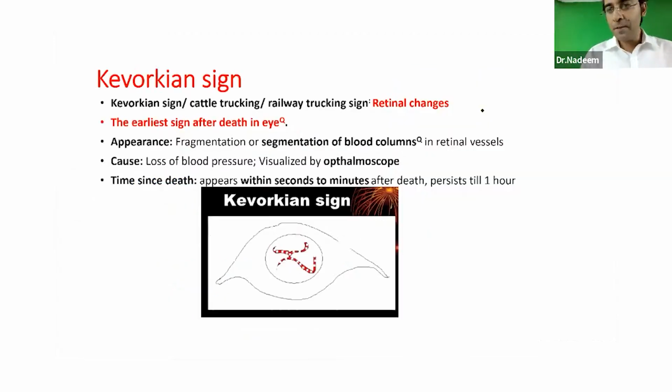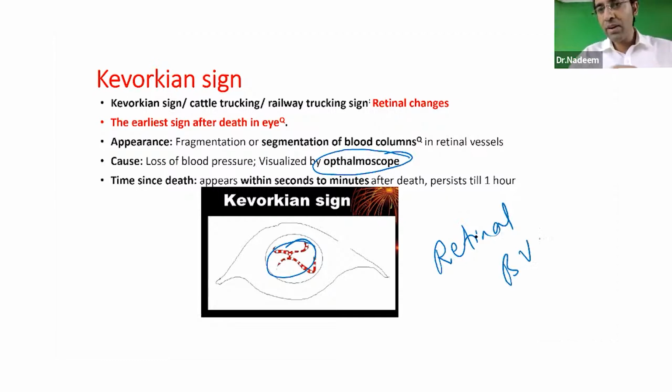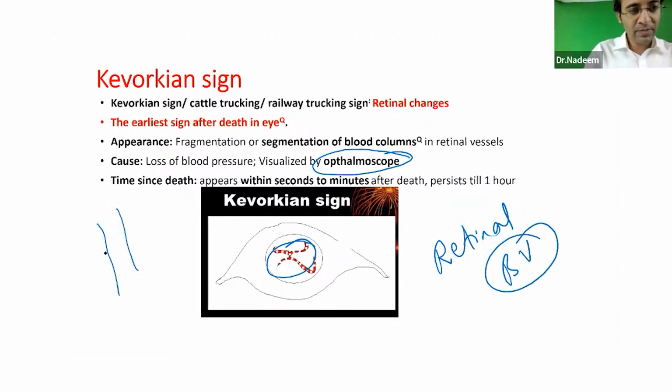Next is, when you are going to investigate with the help of ophthalmoscope, you can see that there will be fragmentation of retinal blood vessels, something like this.